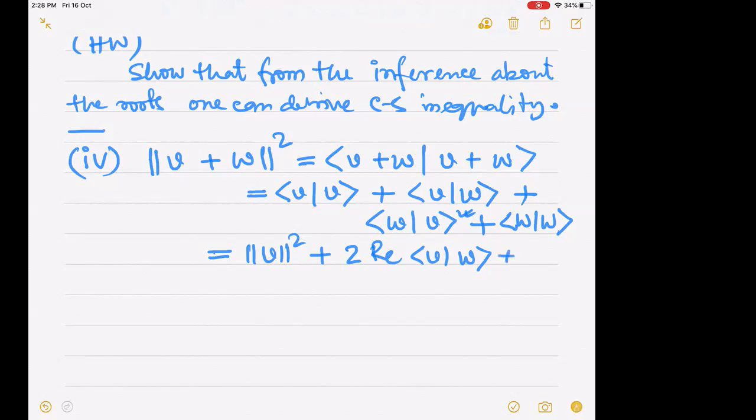That's why. And this is norm W squared, right?